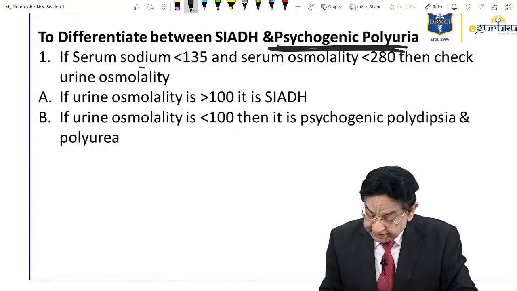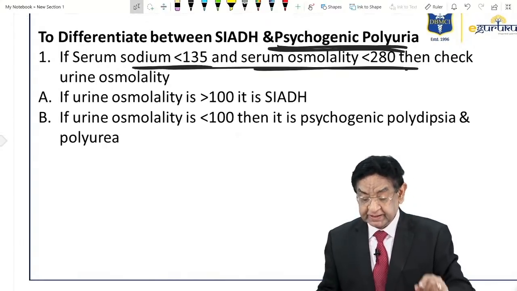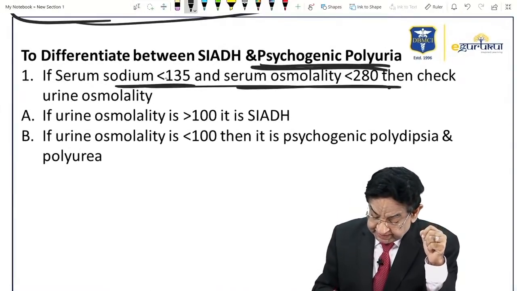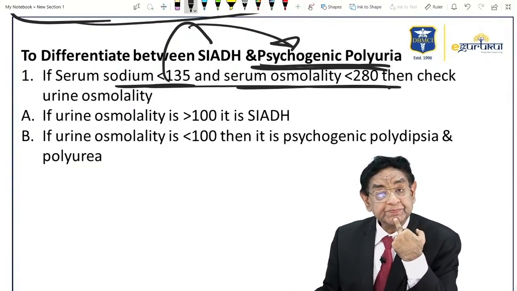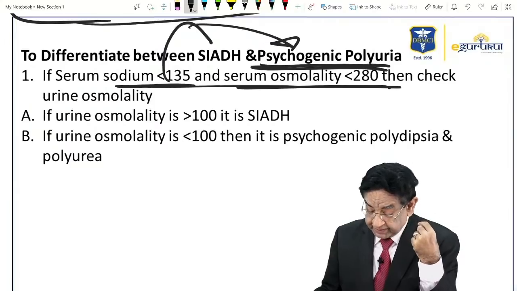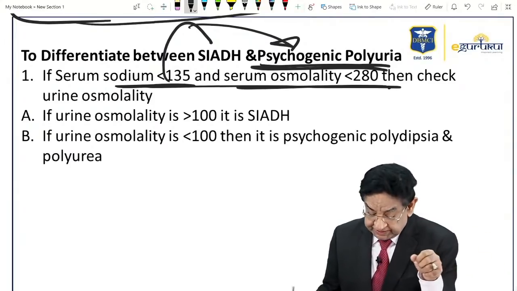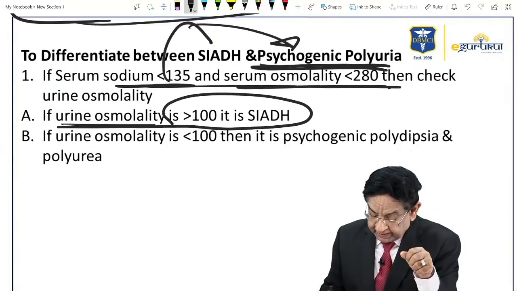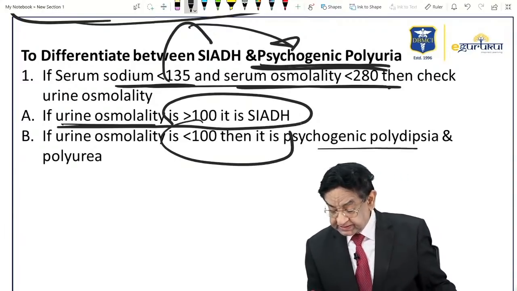If you are getting low serum sodium and low plasma osmolality, this we see in SIADH and in psychogenic polyuria also. Same finding. Then how to differentiate? Check urine osmolality. It's more than 100 in SIADH, it's less than 100 in psychogenic.